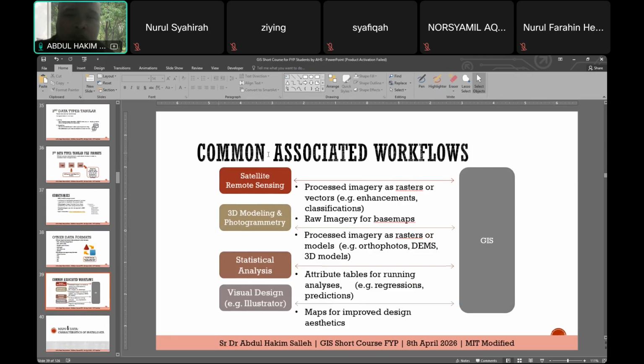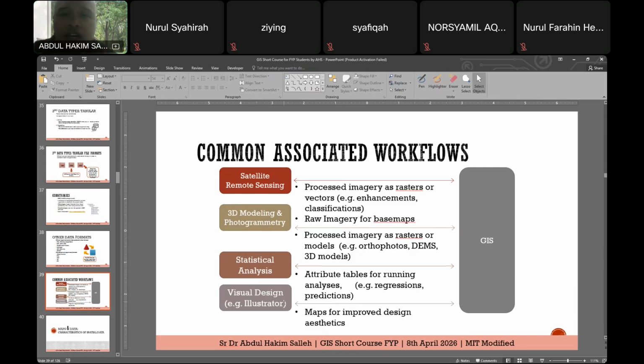Next are common associated workflows. There is data from satellite remote sensing. There are 3D modeling and photogrammetry from drones or aircraft, which capture images from the sky. There is statistical analysis. There is also visual design using Illustrator, for example.